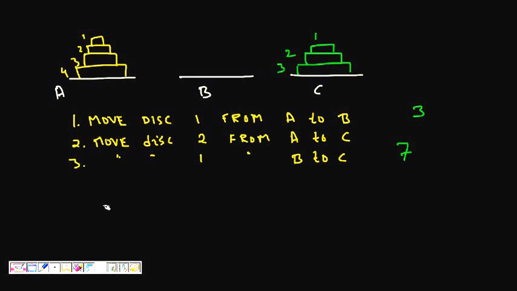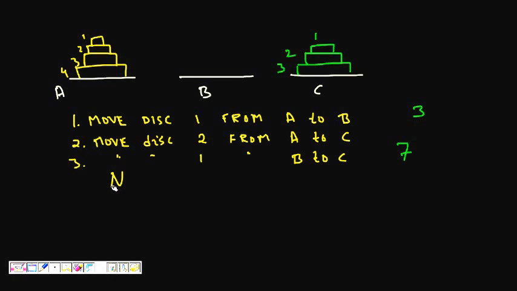Okay, so let's see, it is very important. What we are saying is that moving n disks is a very difficult task. It's not an easy task that we can do simply. So what we need is something like divide and conquer.